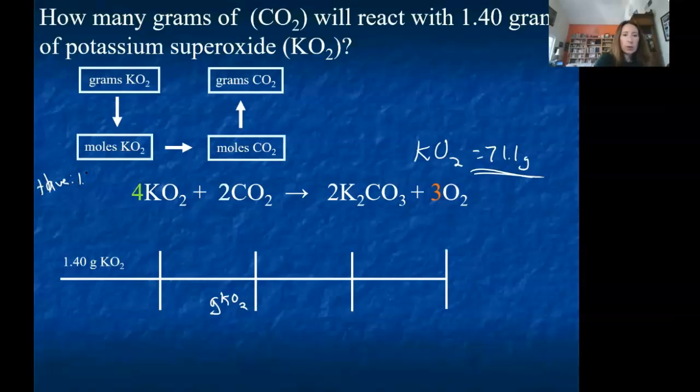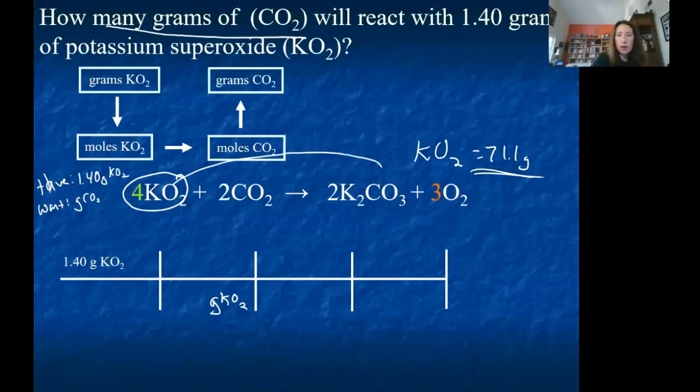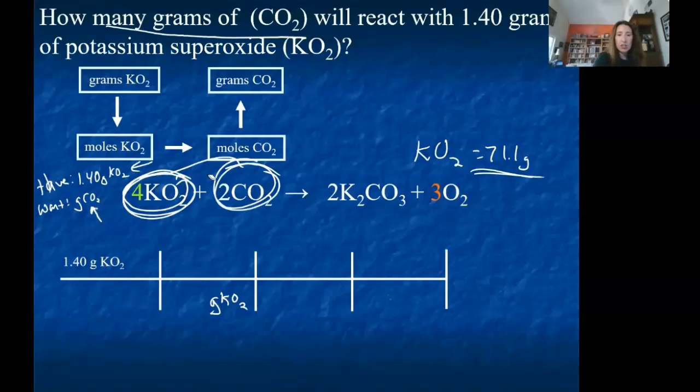We have 1.40 grams of KO2, and we want how many grams of CO2? So somehow we need to go from here to CO2. They're giving us KO2, but asking for CO2.